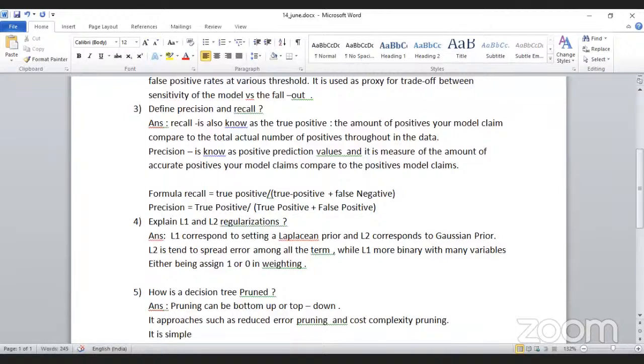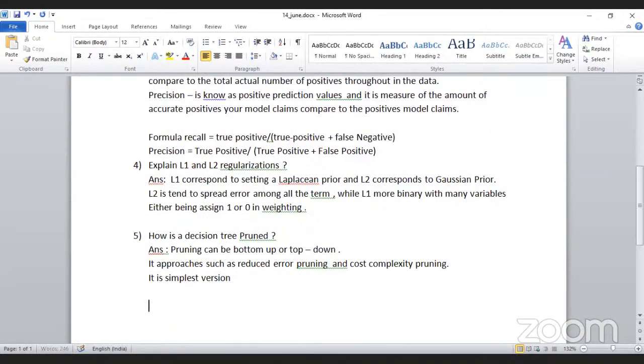It is the simplest version, okay, it is the simplest version to replace each node.